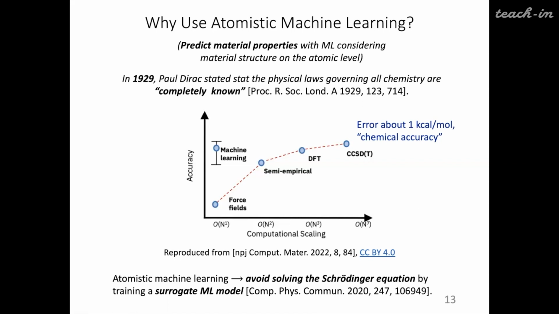And by using machine learning, researchers try to get machine learning models that predict energies with accuracy comparable to the best quantum chemical methods, but that scale like molecular mechanics force fields.